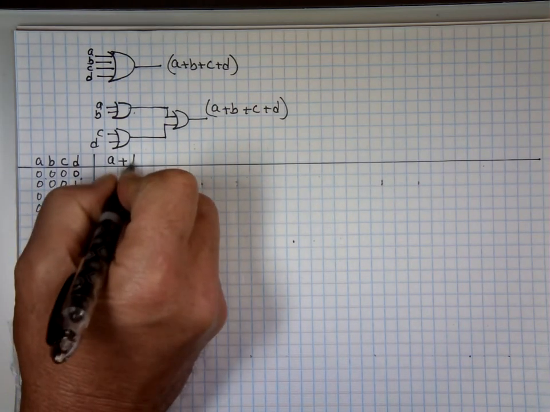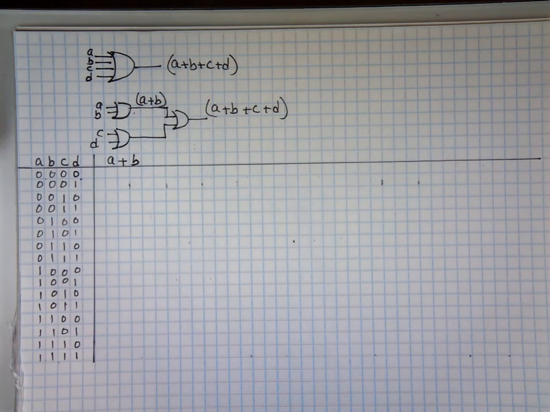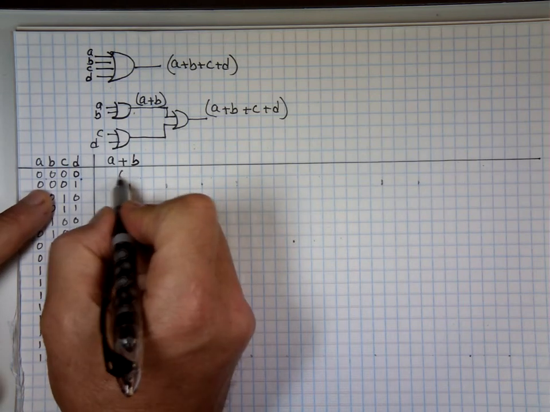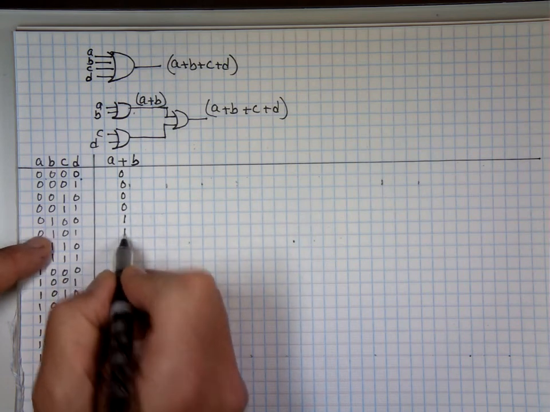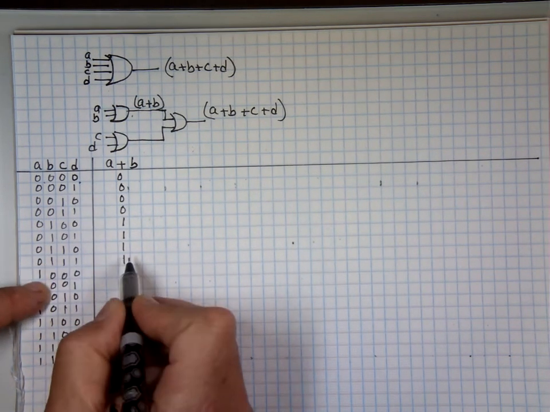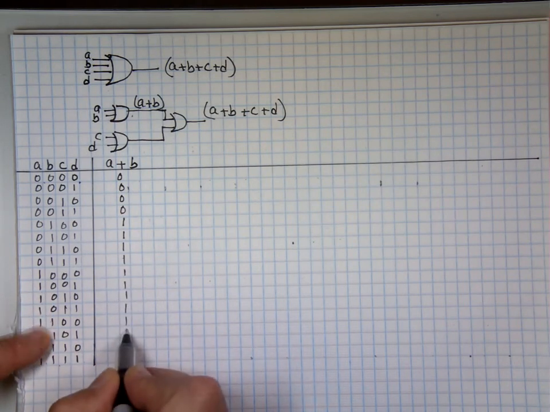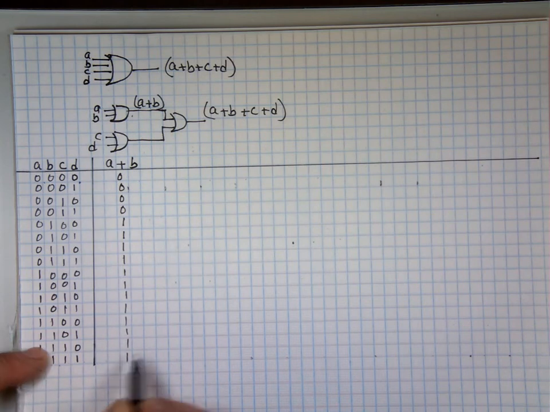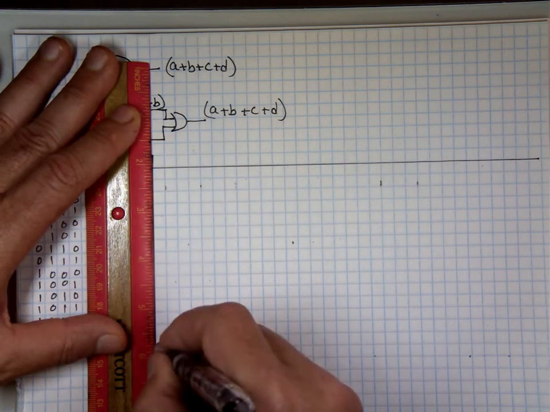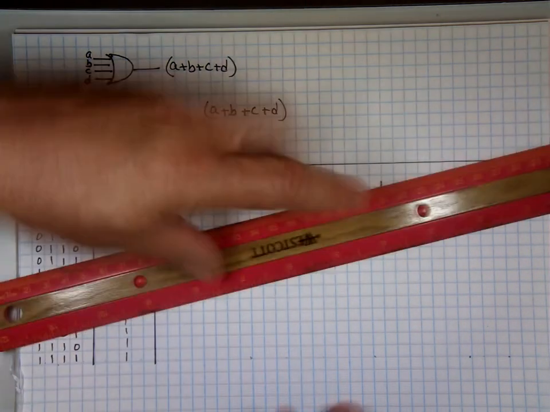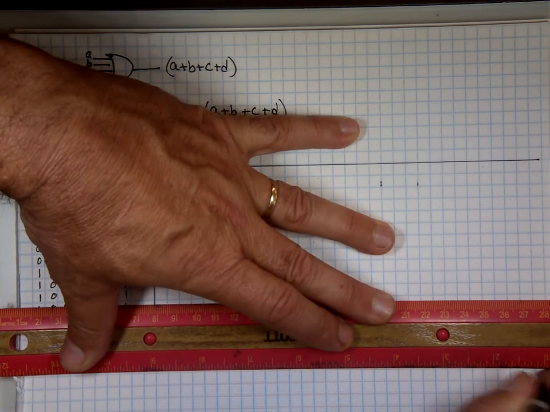That's the A plus B. So A and B right here, the first two. 0, 0, 0, 0. 1, 1, 1, 1, 1, 1, 1, 1, 1, 1, 1, 1. That's A plus B. So I know where to stop.